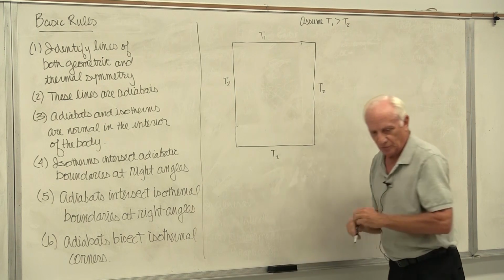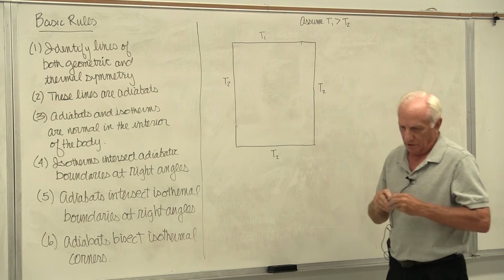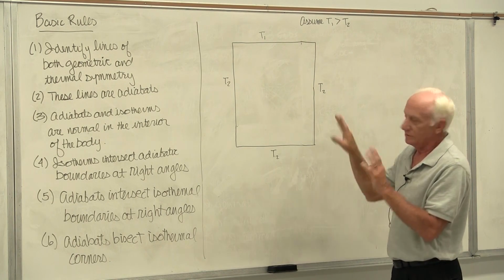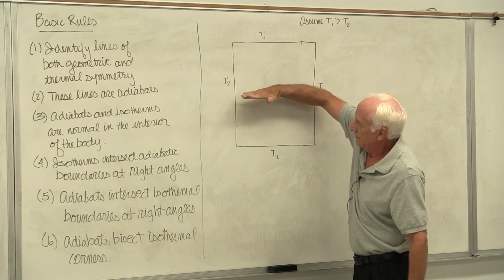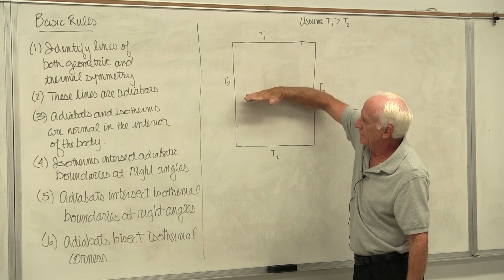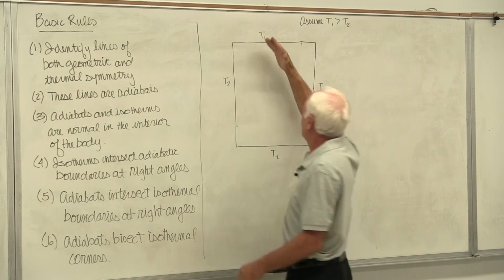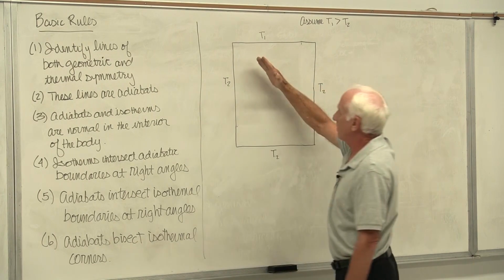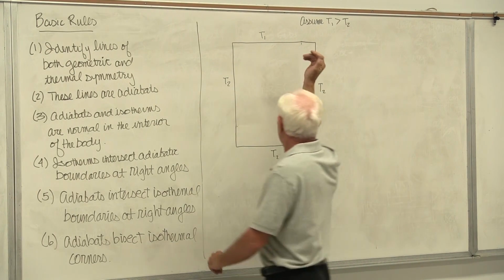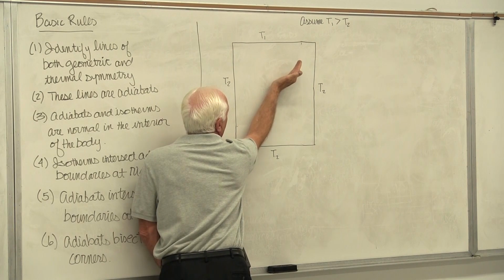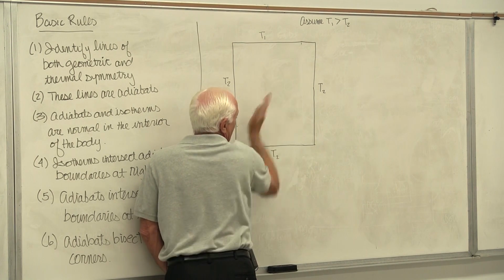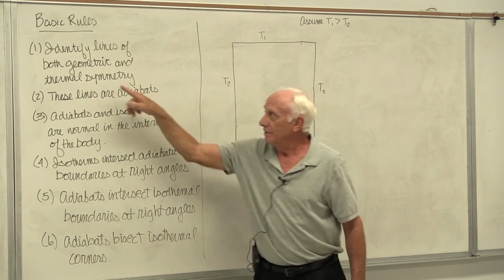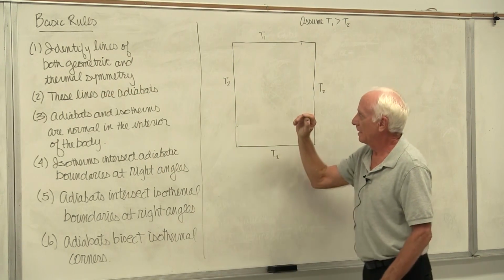Okay, rule 1, look for lines of geometric symmetry. This is a square. In the middle, vertically through the middle, 45-degree diagonal, that's geometric symmetry now, but now we have to check thermal symmetry.